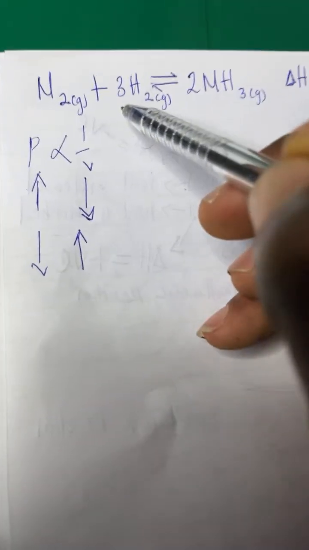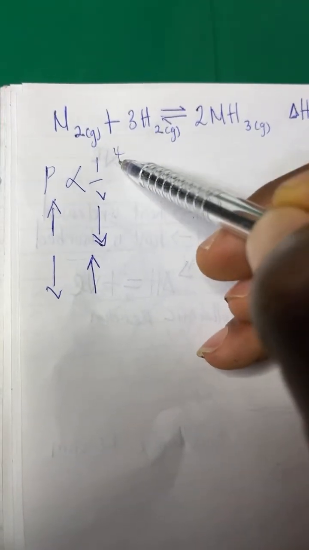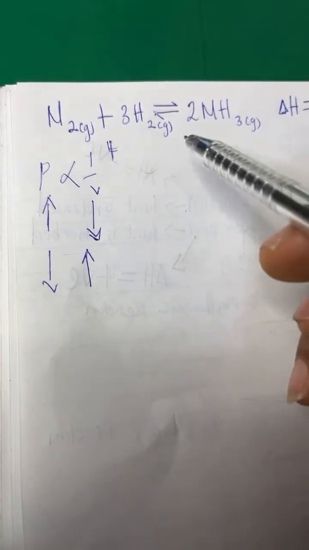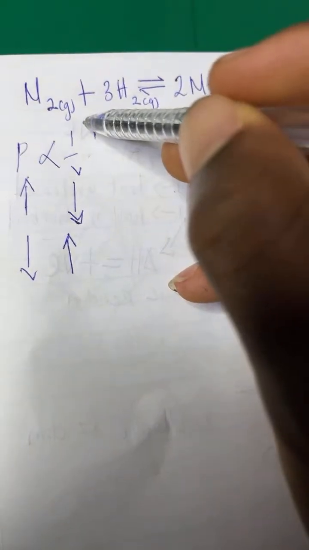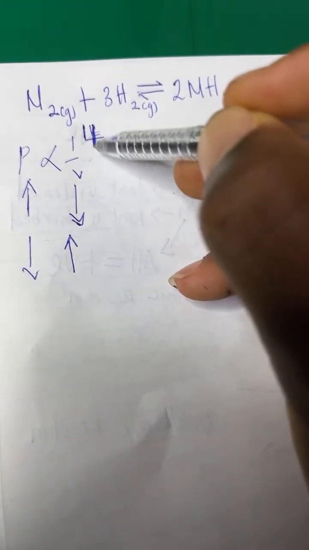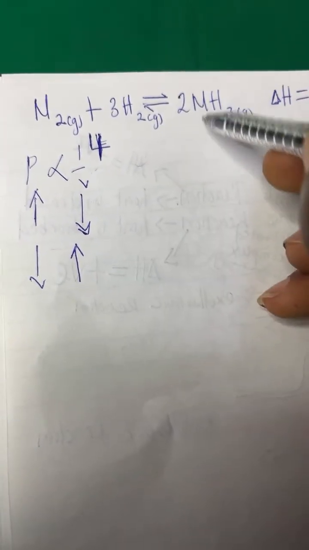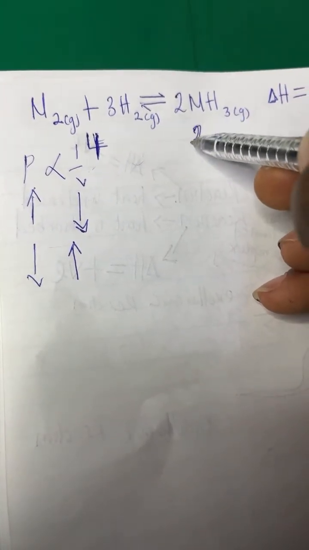We have 1 mole here and 3 moles here, right? That gives us 4 moles in total on the reactant side, and 2 moles at the product side.